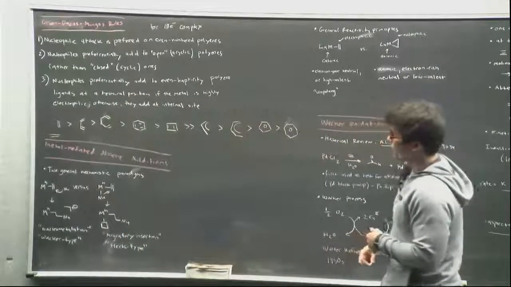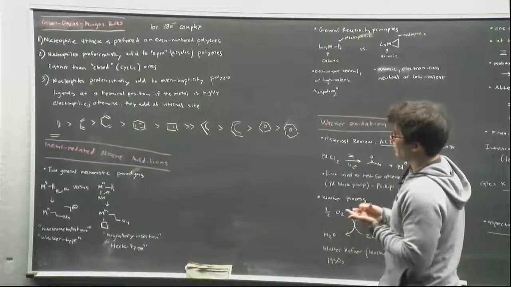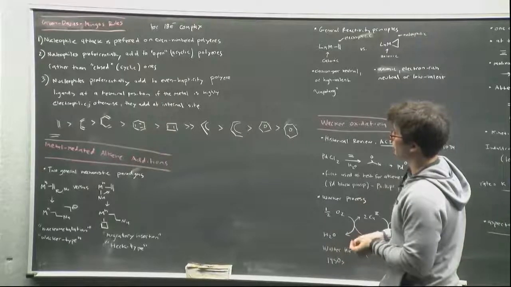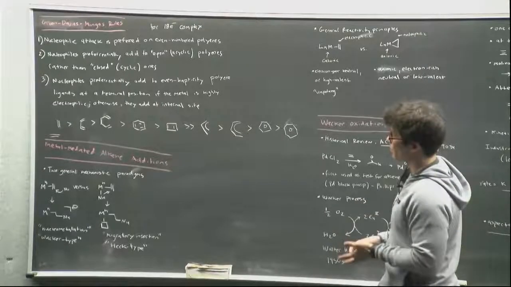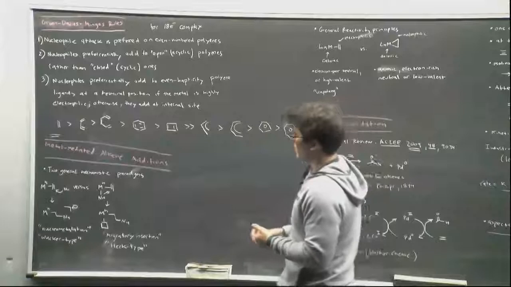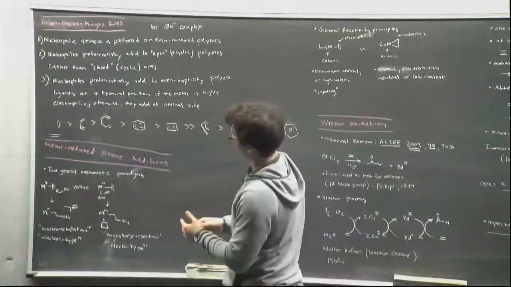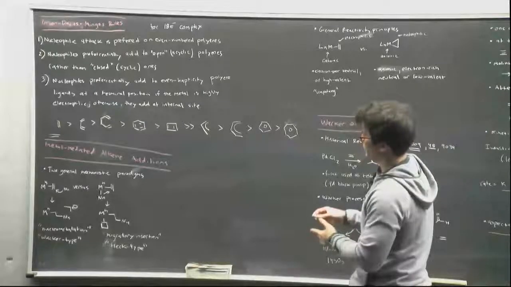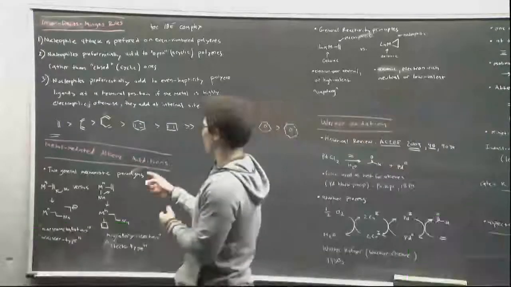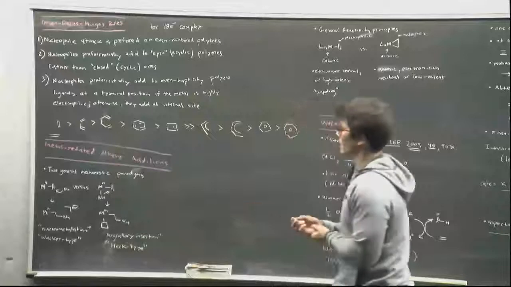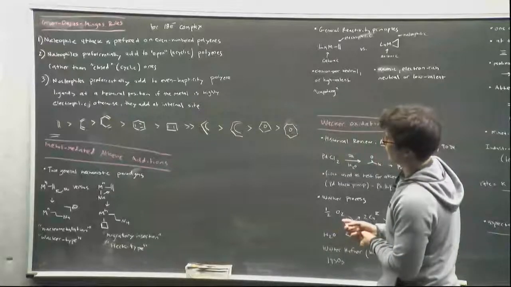So first, nucleophilic attack is preferred on even number alkenes. So polyenes here on the short end ranging from ethylene to, on the longer end, complexes like hexatriene.